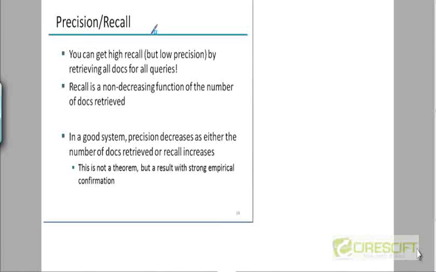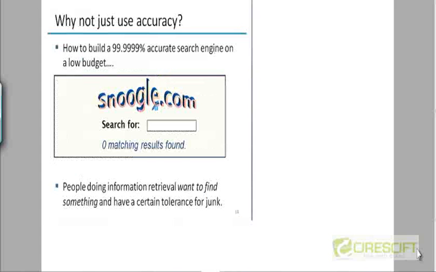Now there's a trade-off between precision and recall, as we have discussed earlier. You can get high recall by retrieving all the documents for the queries, as we just saw. Of course, that approach has high accuracy, but if you were to just look at recall, you can optimize recall by doing something complementary to this. If you want to get a high recall, you return every document in your collection as the result.